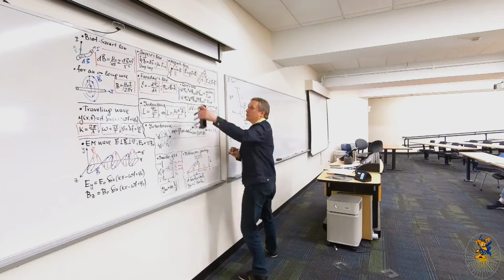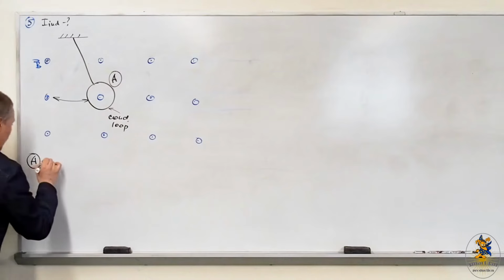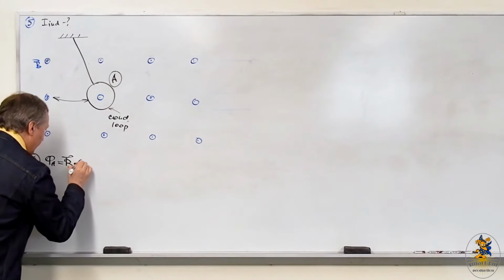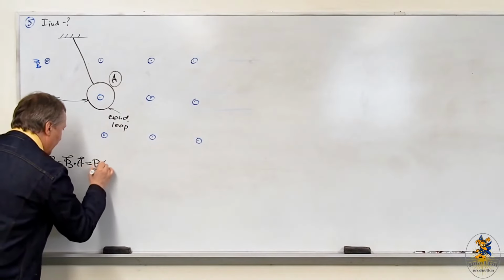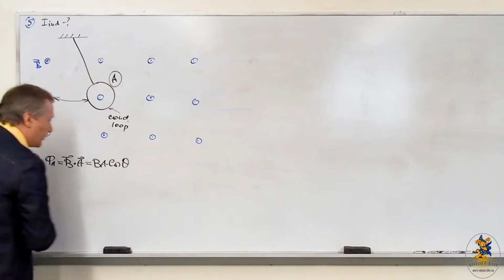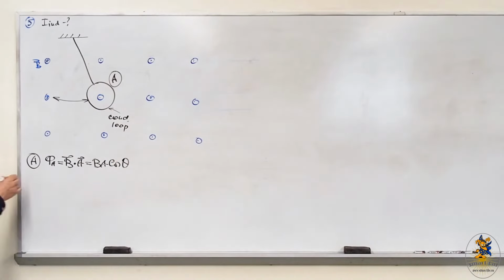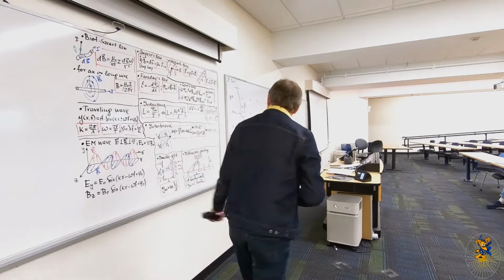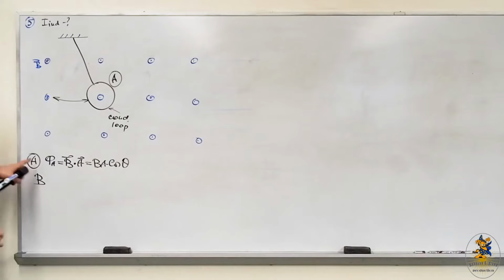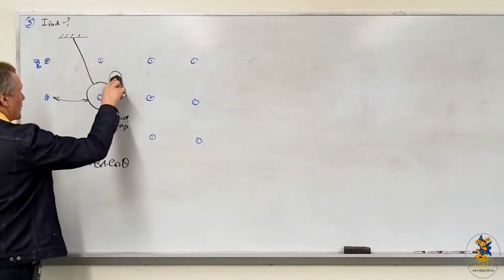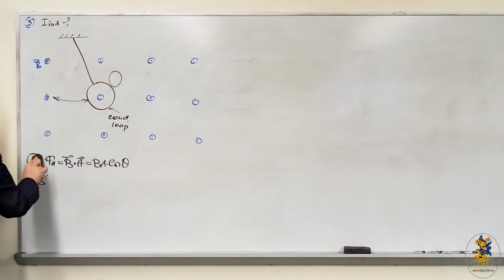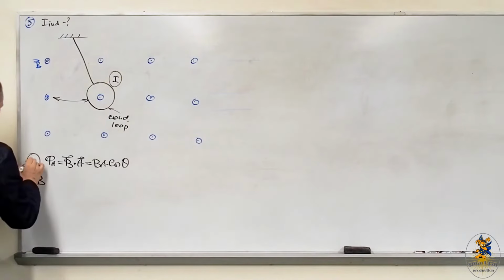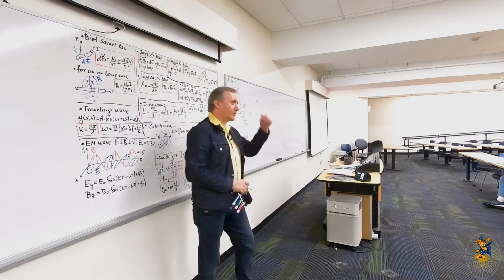Flux equals B dot A, so it's B, A, and cosine of the angle between them. Now I realize that A is a vector, so it's not the best option. Let me use case 1, for example.